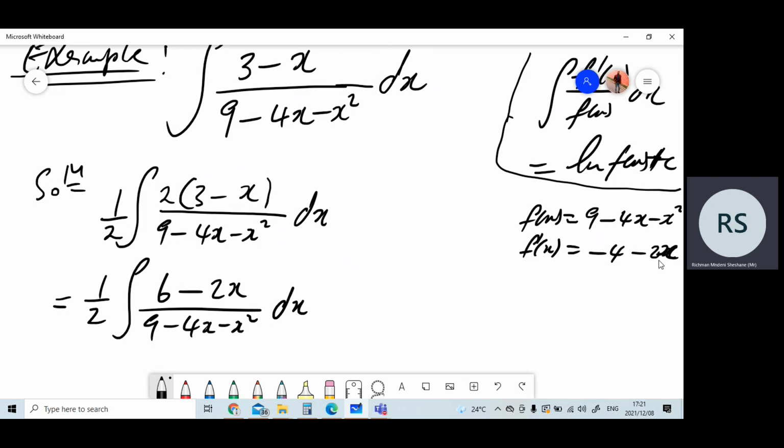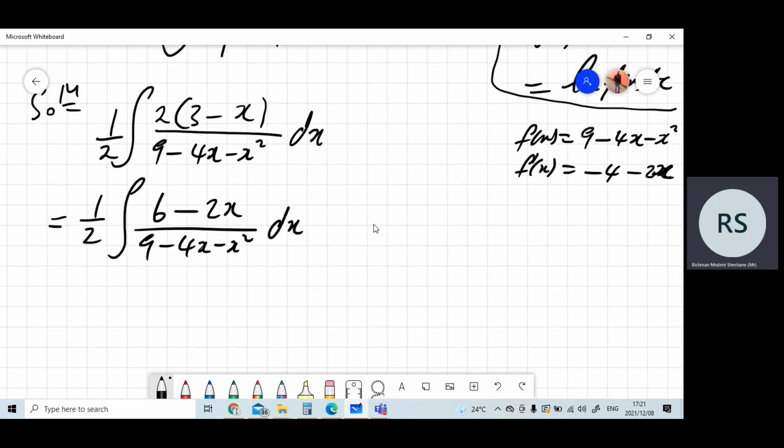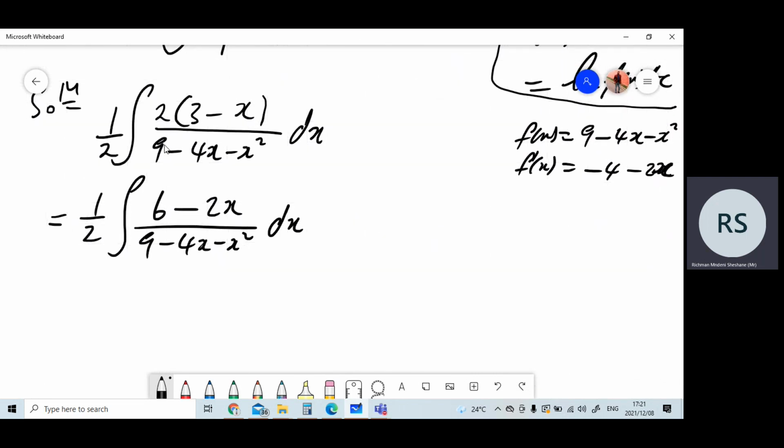So the next thing is to have this term which has minus 4. To introduce minus 4 is up to you. You can take it from this constant, or if you like, you can just add minus 4 here, and then if you add minus 4, you need to add plus 4. It's like you add 0.